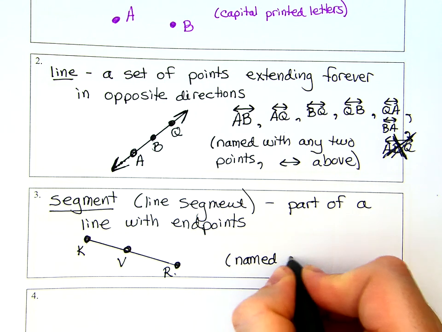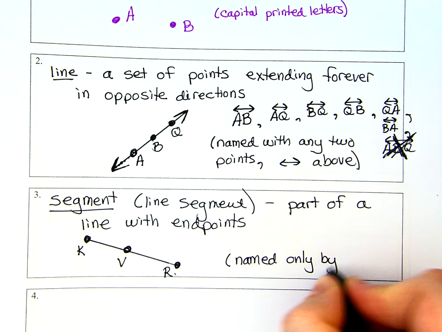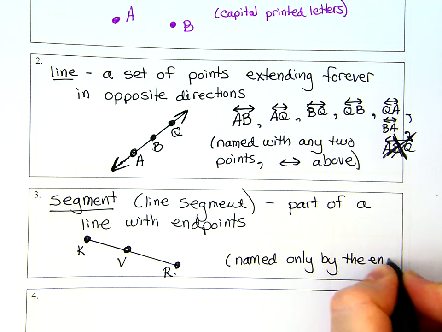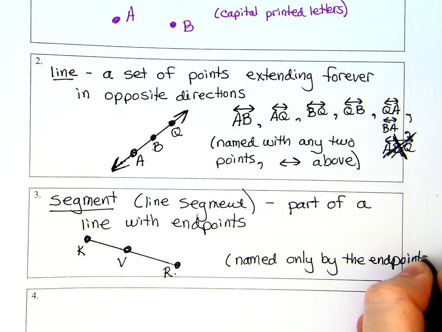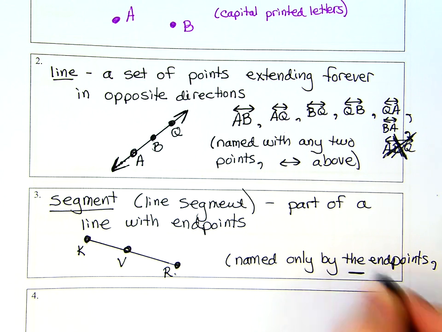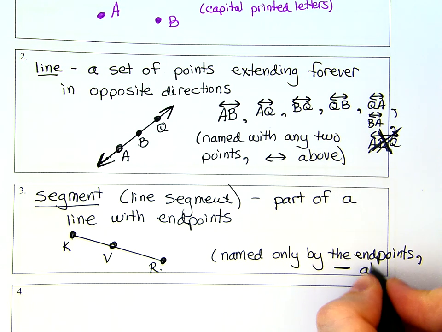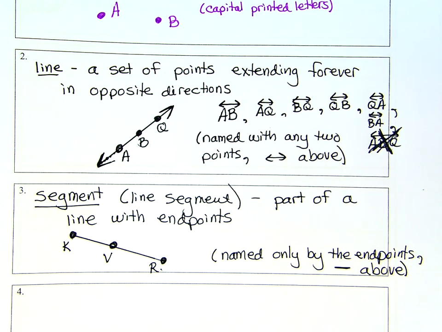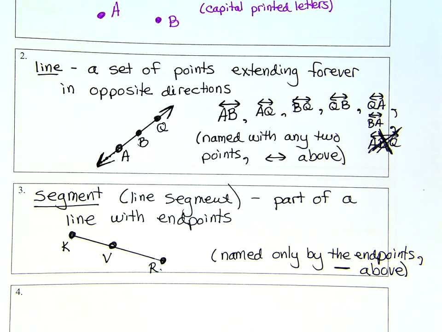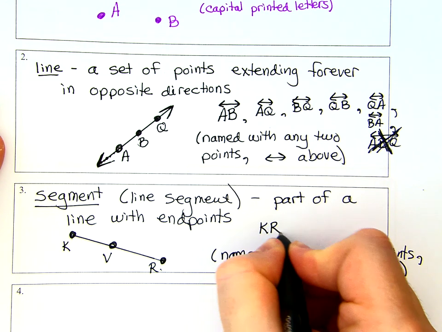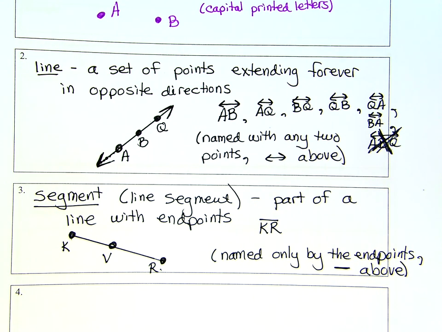Named only by the endpoints, and we're going to put one of those, no arrows, above. So, KR, no arrows in your symbol. KR is one way to name it.